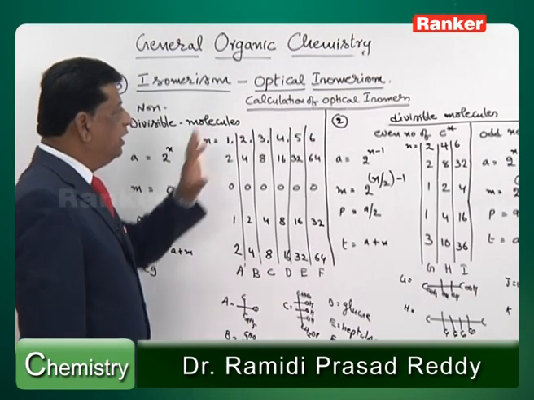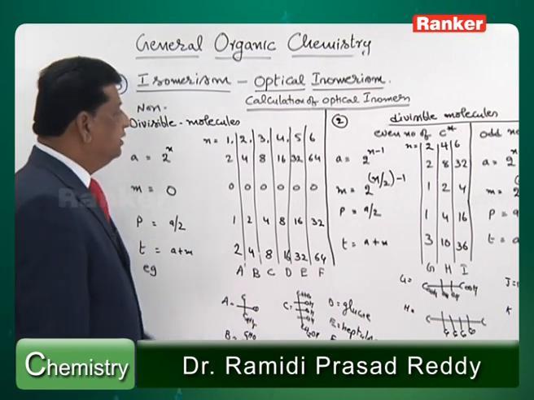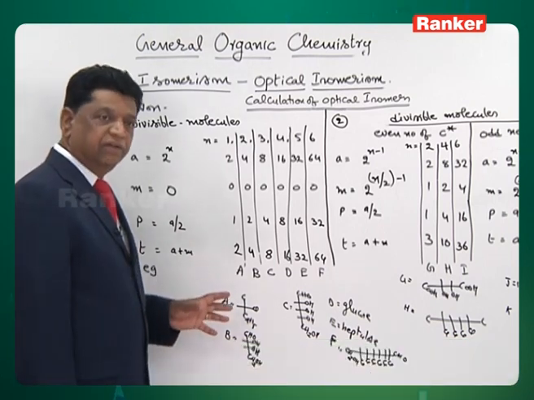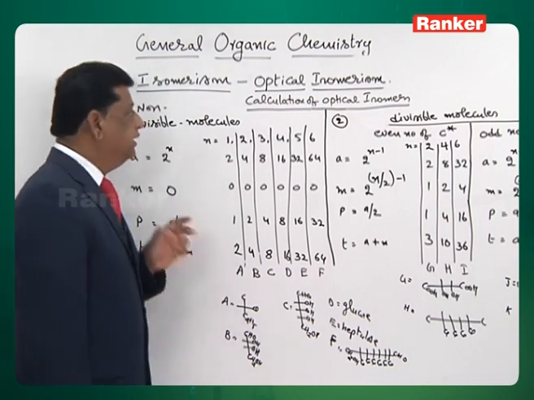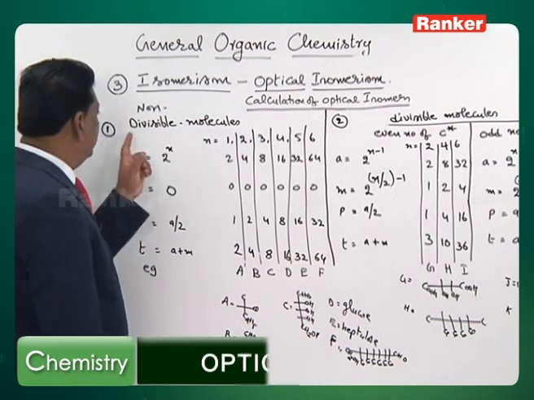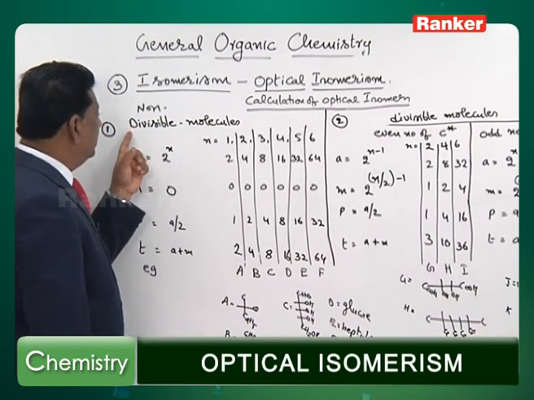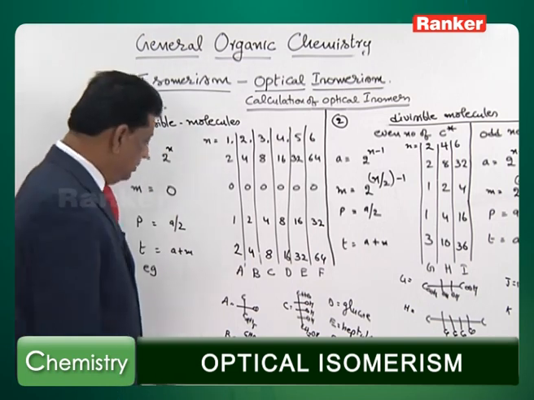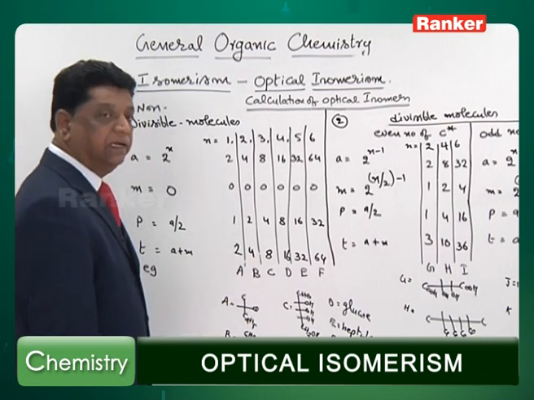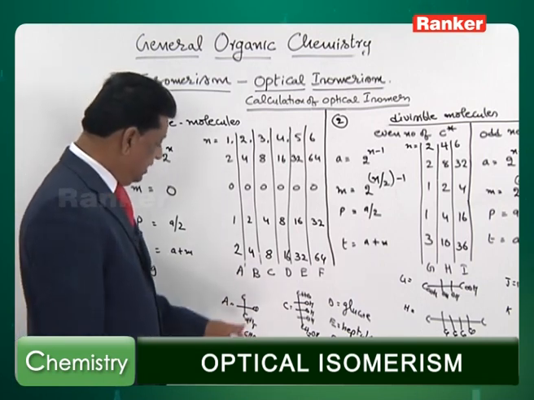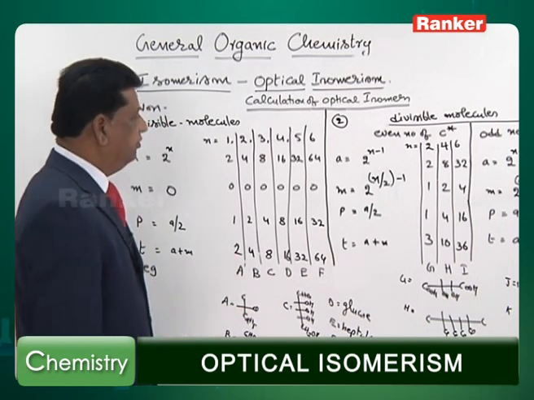So we are going to calculate the total number of optical isomers when the structure of the compound is given, or by observing the number of chiral carbons present in the given compound. So we have divided the compounds into two types. One is the non-divisible molecule. That means if you cut anywhere, you cannot get two exact pieces, for example A, B, C, D. These are all examples where you cannot cut the molecule into two halves.